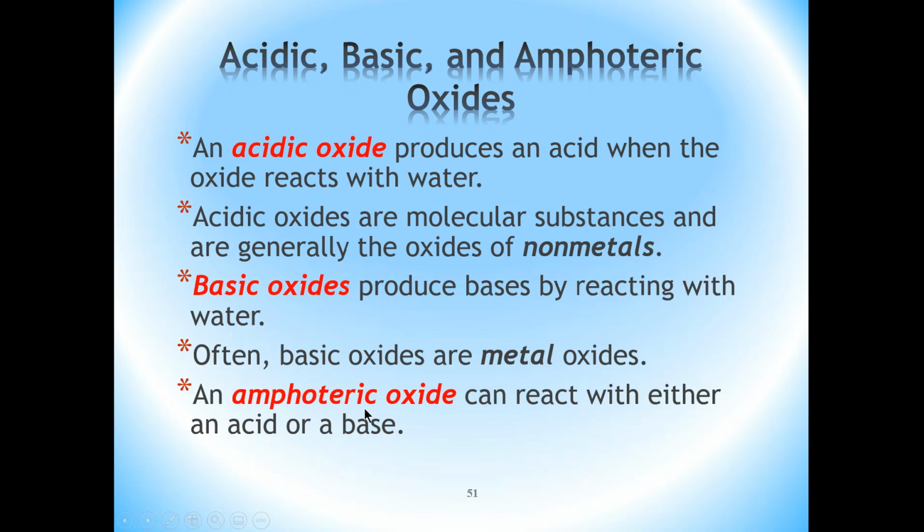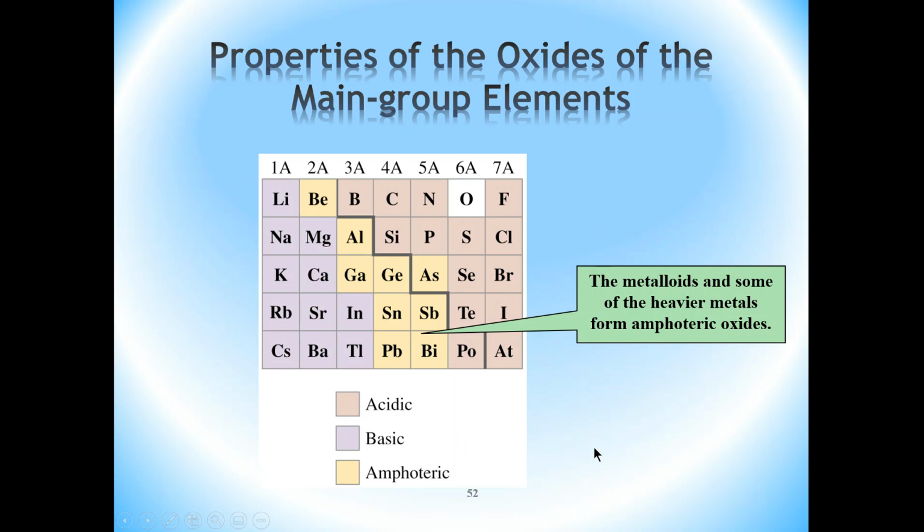And then we have amphoteric oxides, and these oxides kind of straddle the border between acidic and basic. They can act as an acid or a base, all right? So I think we have some examples. Going back to this periodic table here, it shows you the type of elements that would form amphoteric oxides, and that's these right here: beryllium, aluminum, gallium, germanium, tin, antimony, bismuth, lead, arsenic.